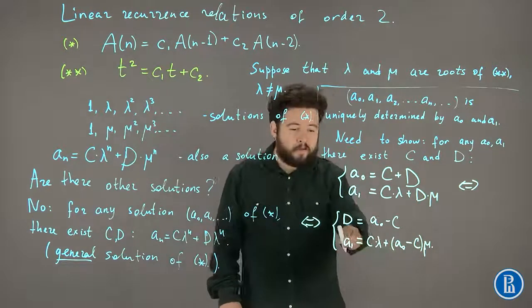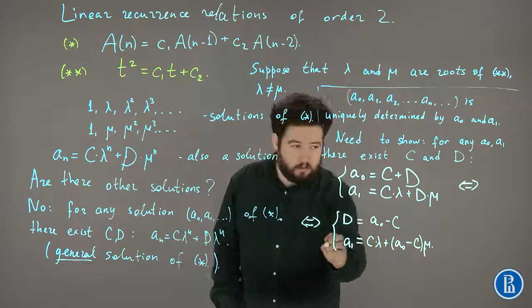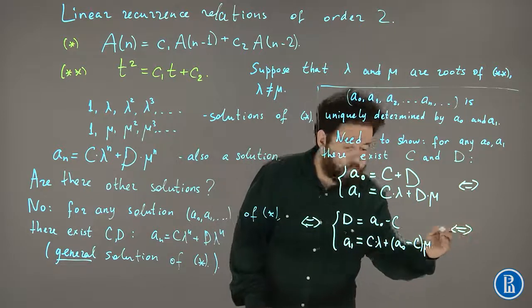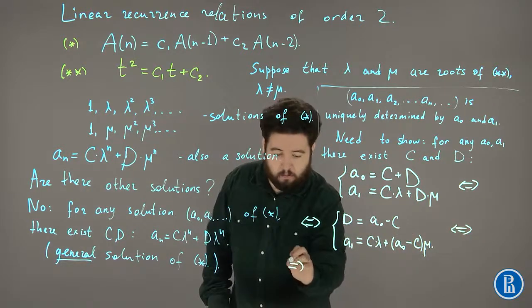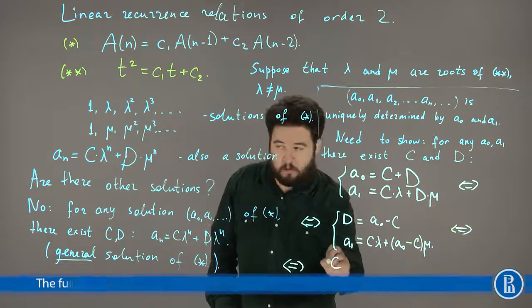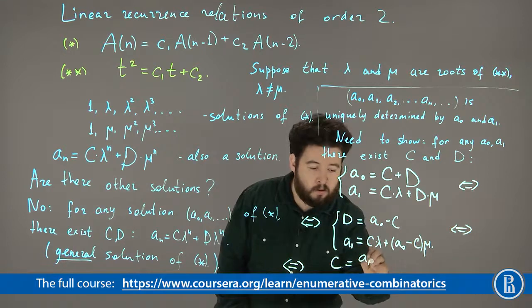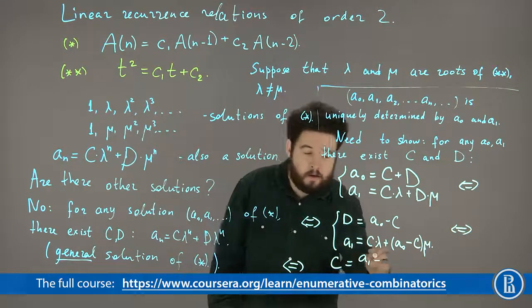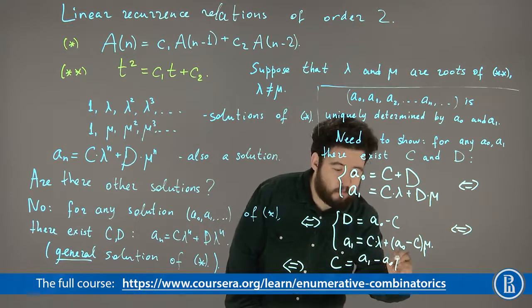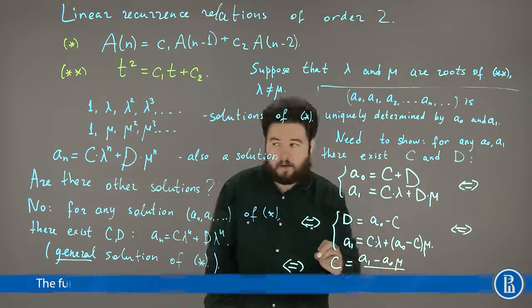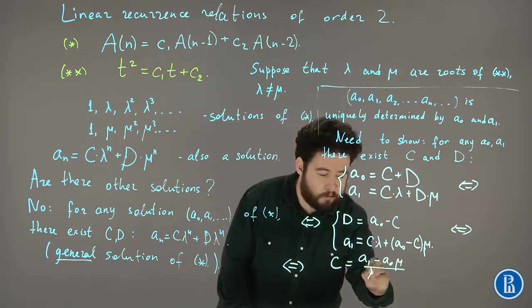And from this equation we can find C. C is equal to a1 minus a0 times mu, divided by lambda minus mu.